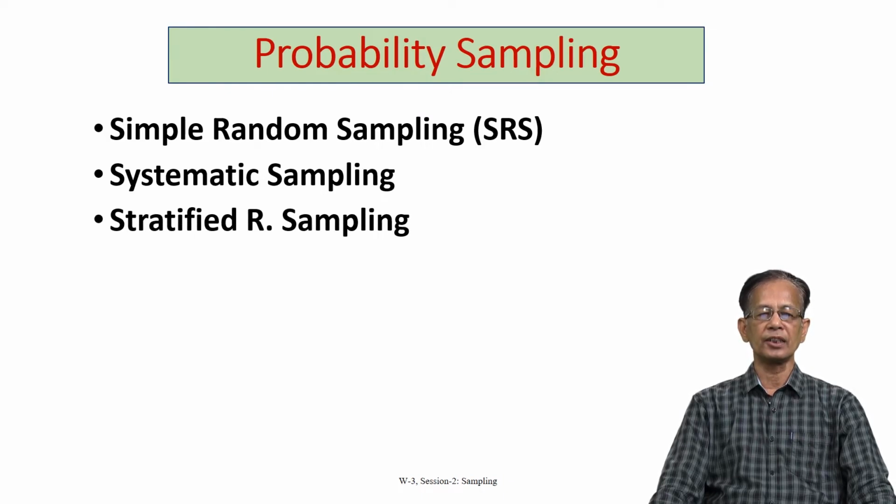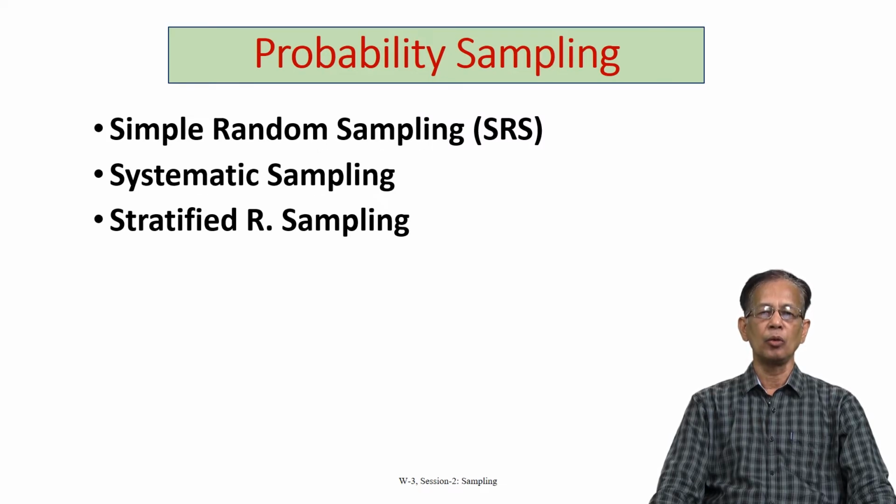Next, let us discuss stratified random sampling, which carries a lot of importance in socioeconomic surveys and marketing research. We find that if a population is not homogeneous, if a population is heterogeneous or diverse, and you are selecting randomly, then you may not get proper representation.